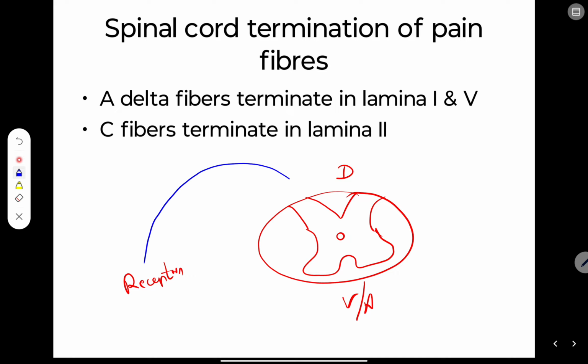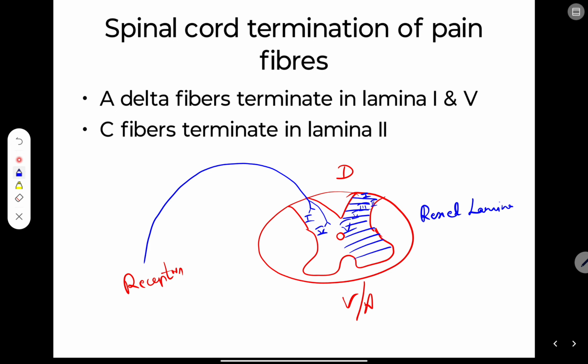So the A delta fibers come to the spinal cord and end in lamina 1 and 5. Before you go into the spinal cord, you should know that the dorsal horn and ventral horn have been divided into layers, or laminas, and we call these laminas the Rexed laminae. They are numbered: the first is 1, the next is 2, then layer 3, 4, 5, and so on.